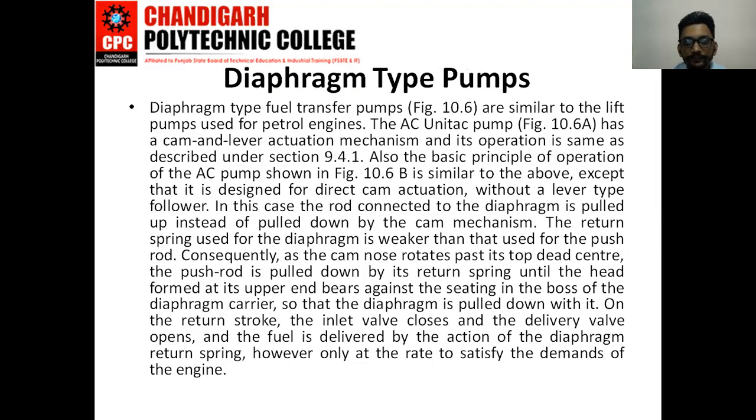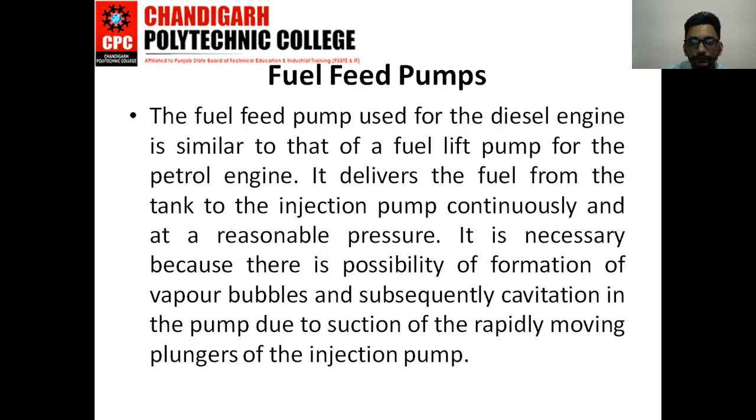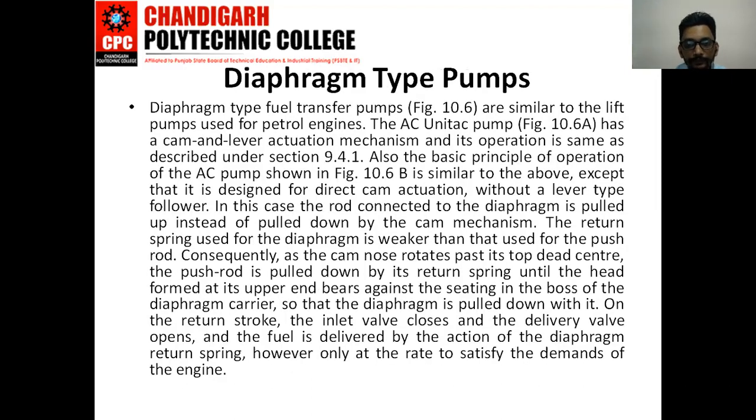The third part is the diaphragm type pump, which is a type of fuel feed pump. The diaphragm type pump is similar to the lift pump used for the petrol engine. The AC Unitech pump has a cam and lever actuation mechanism, and its operation is the same as described in section 9.4.1.